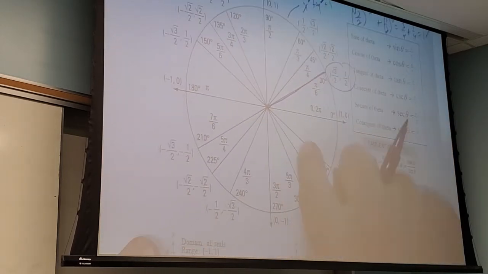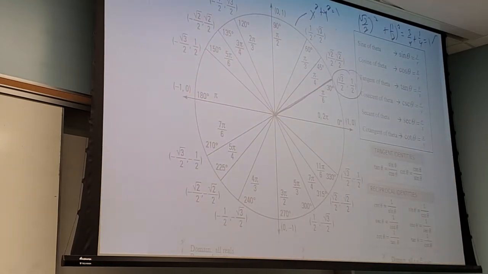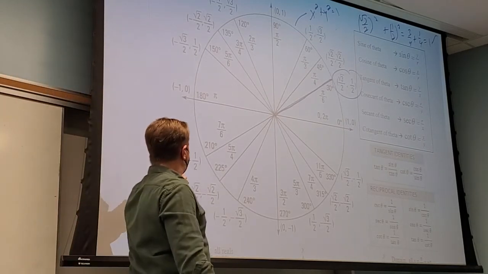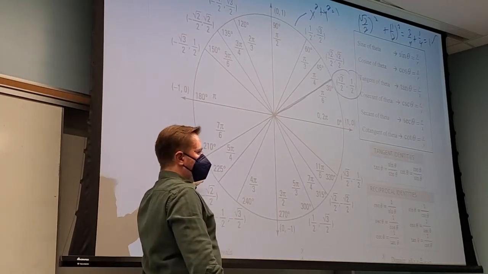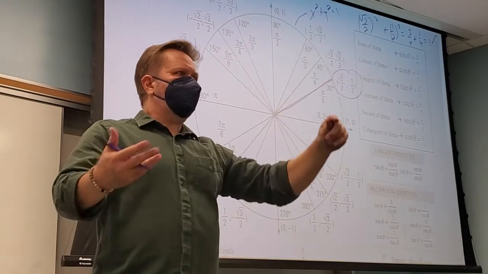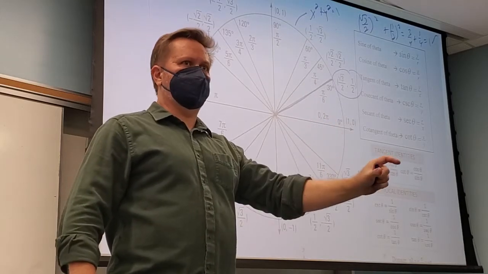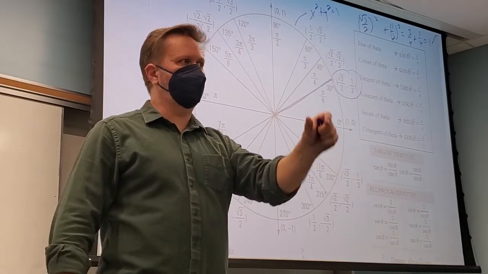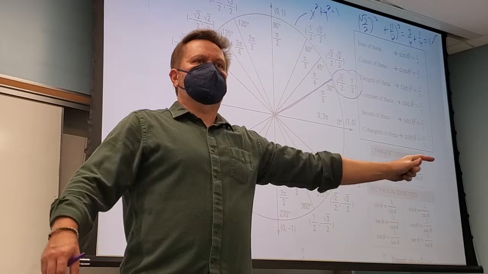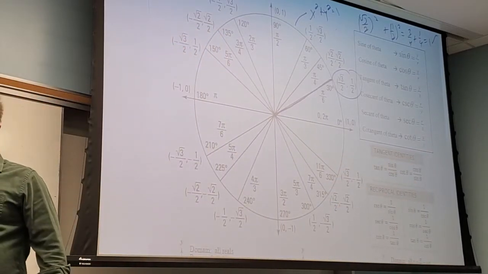Every single point on the unit circle relates to sine theta and cosine theta, right? Cosine theta is the x piece, sine theta is the y piece. Since they sit on the unit circle, they have to match the equation of the unit circle, which says x squared plus y squared is 1. So cosine squared theta plus sine squared theta has to be 1. That's another way to find this relationship.